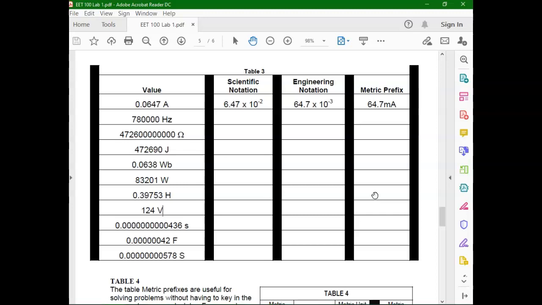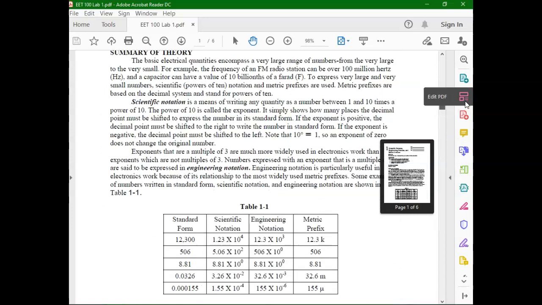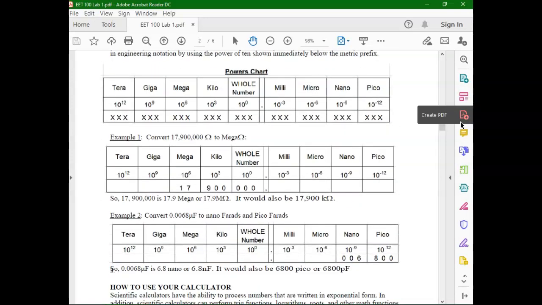So under engineering notation, it would just be 124? Yes. Okay. So if we go back and look up at the powers chart, there is no prefix for the whole number, guys.